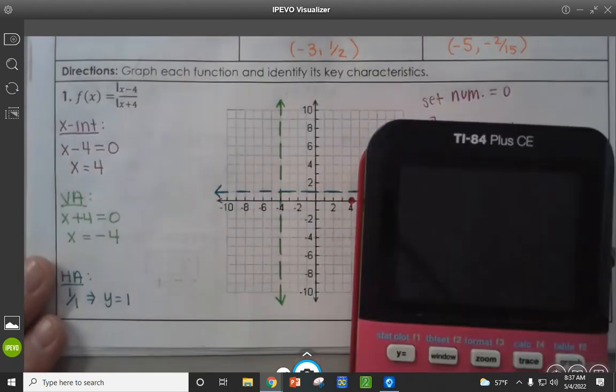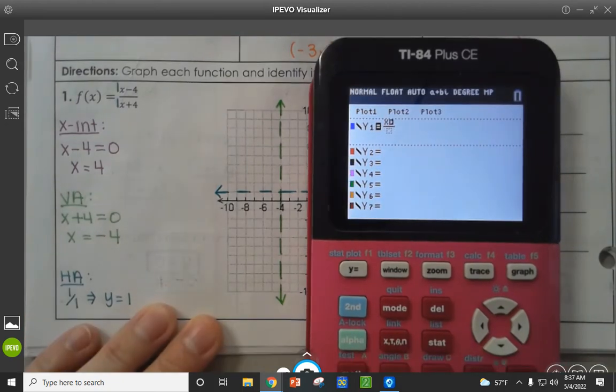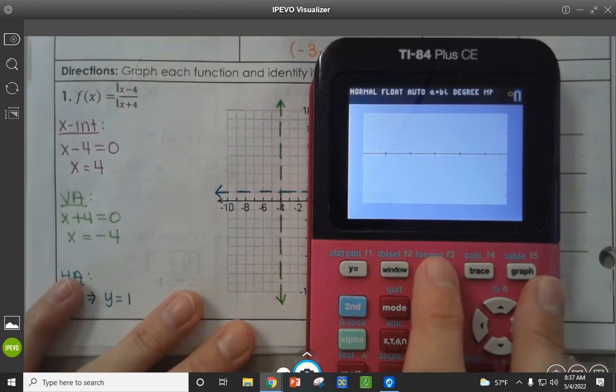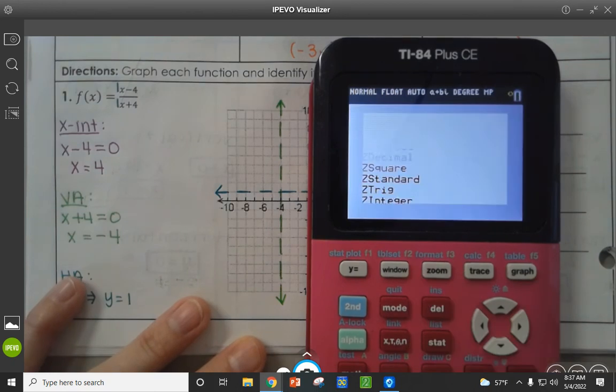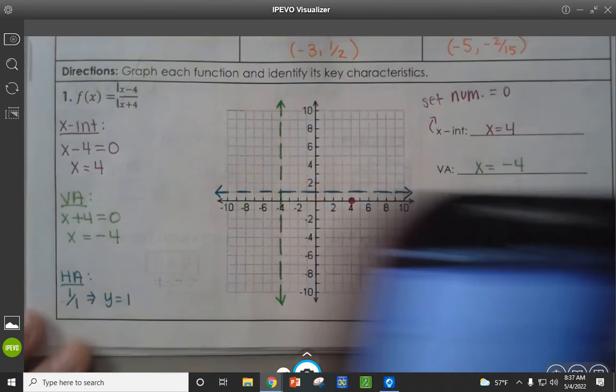So let's look at this in our calculator. Oops. Hold on. That's kind of the shape of the graph.